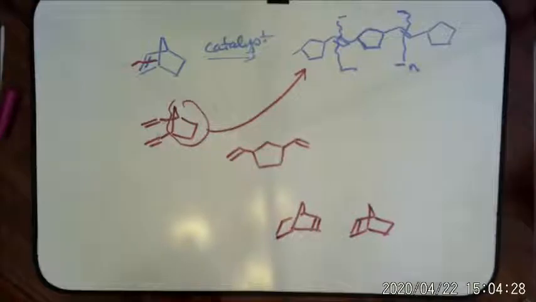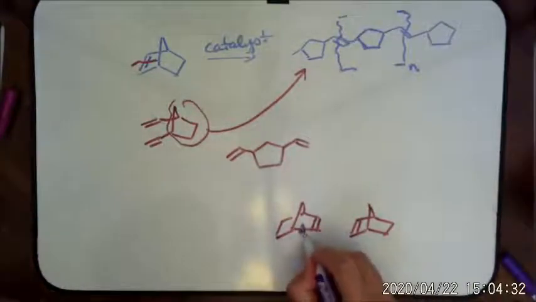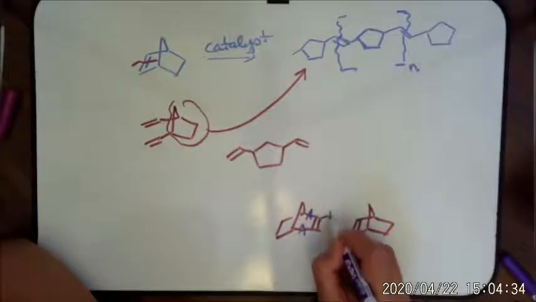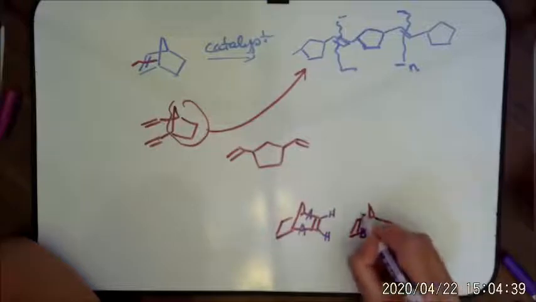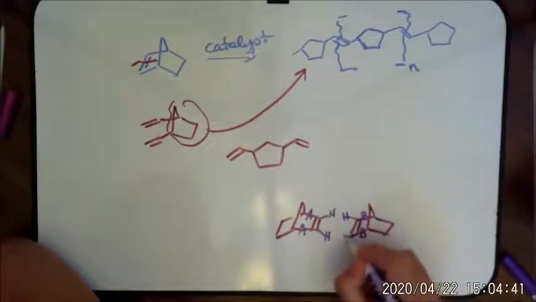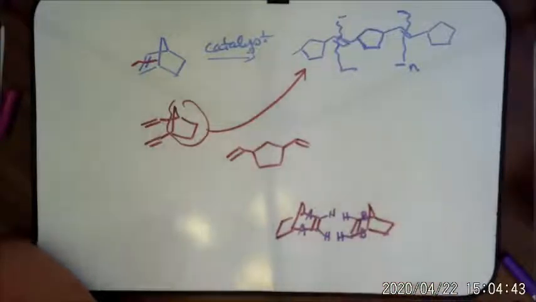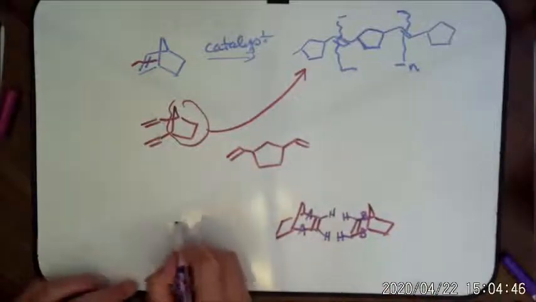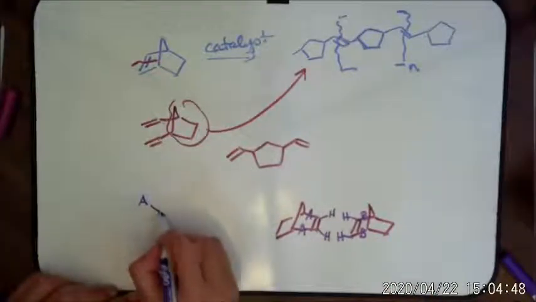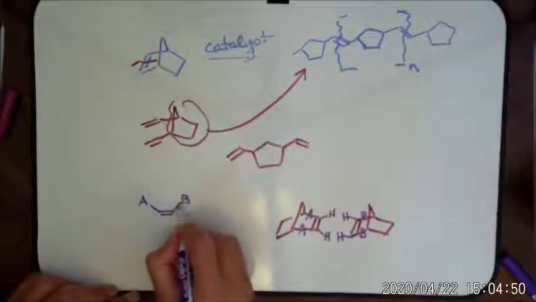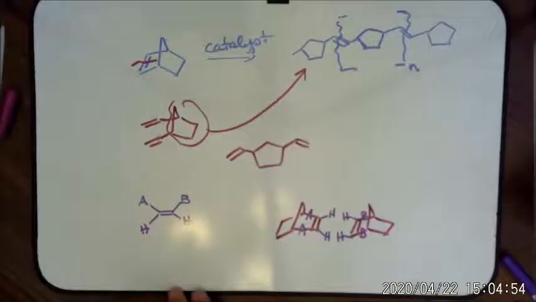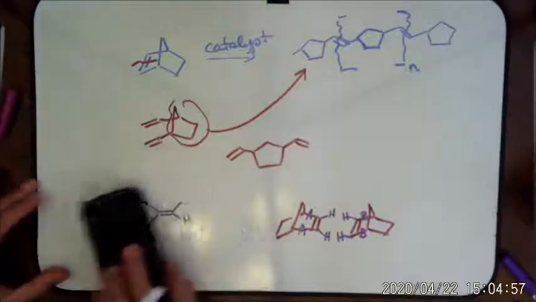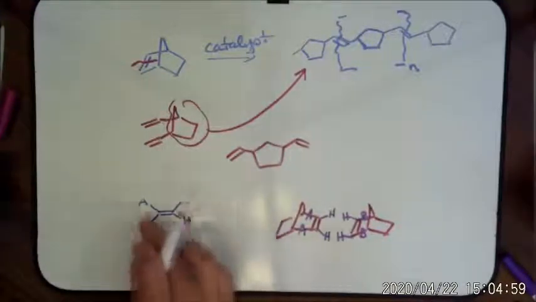If I said, remember how we were talking about A and H's? So this is A, and H here, and H here. And this is B, and H, and H. Then what you form, remember, exchange it. So we get A, B, H, H, right? So what are we doing here? We get A, which leads to my 5-membered ring.